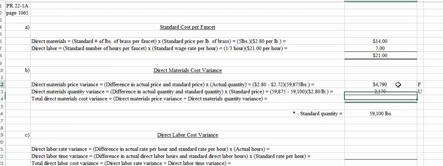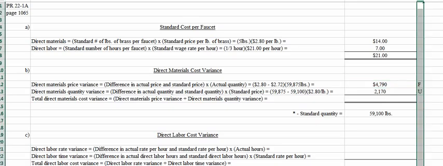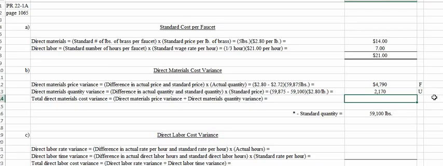Our total direct materials cost variance is just the sum of these two. Well, they're different. We have one that's favorable and one that's unfavorable. If they're different, we'll take the difference. If they were the same, we'd add them together. Here the 4790 is larger than the 2170.